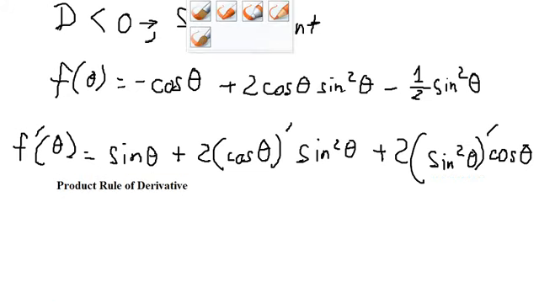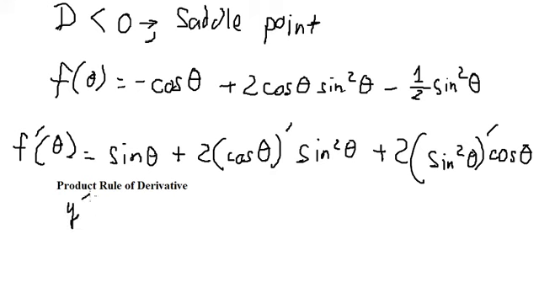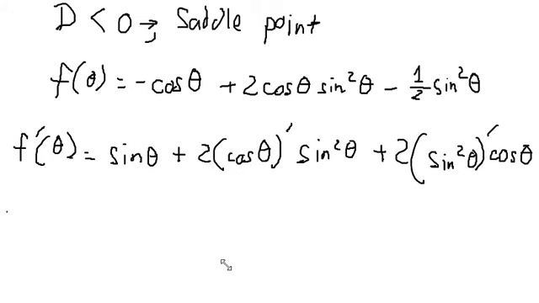So we have the first derivative of y equals the first derivative of a multiplied by b. Later we do the first derivative of b multiplied by a. And the next one, the first derivative of sine theta squared, we have 2 sine theta cosine theta.